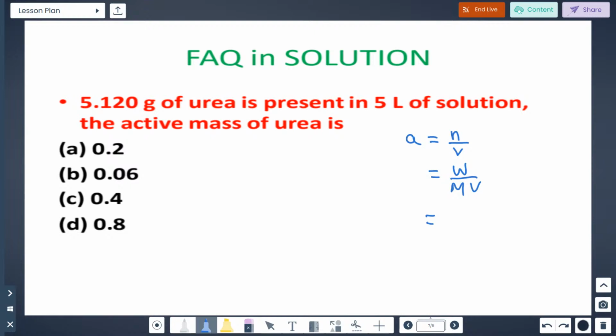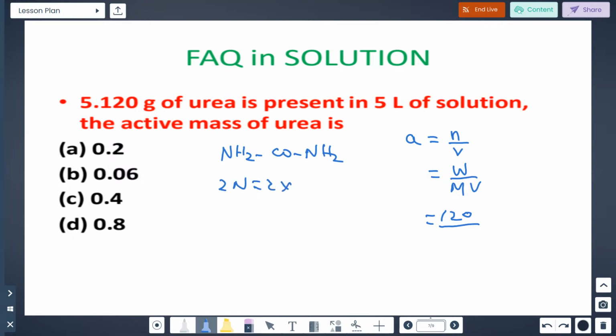Okay. Then see the sum. 120 gram of urea. Urea is a weight. I put it here, 120 by... It's urea. They didn't give the molecular mass, so you must know the molecular mass. The molecular formula of urea is NH2CONH2. If you add all this, nitrogen, we have 2 nitrogen, no?